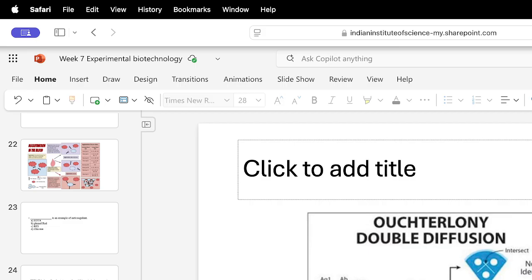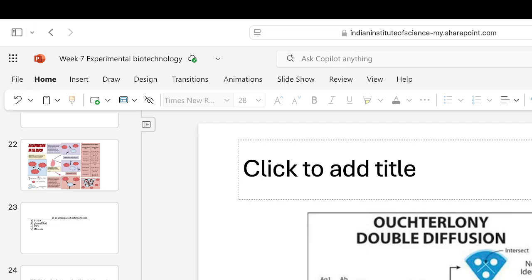Sir, in the case when the antigen concentration is equal to the antibody concentration, so the total amount of antigen and antibody is agglutination, the first structure is formed. The top one, is it? Yes, sir.